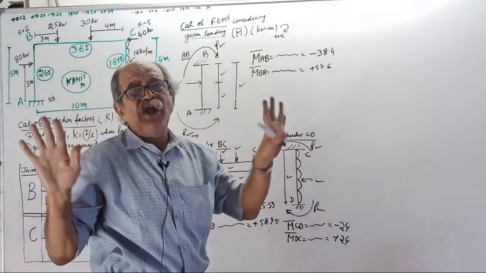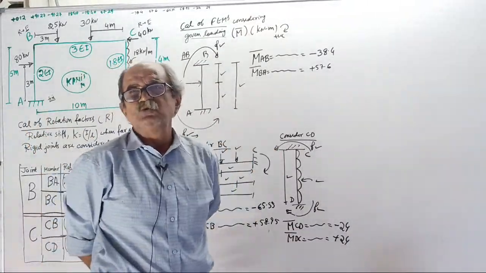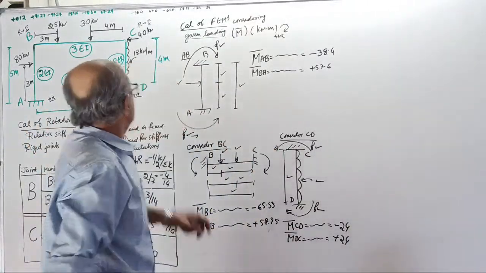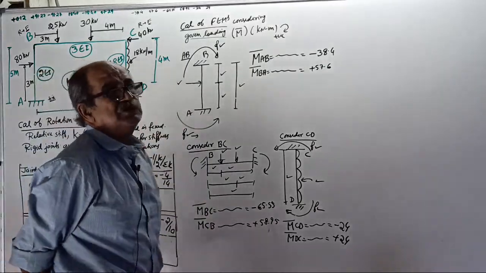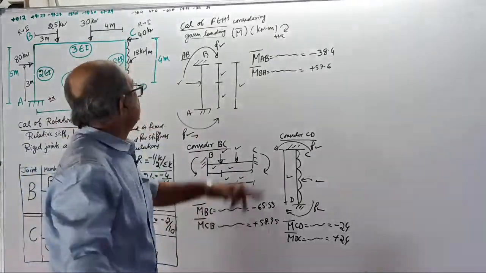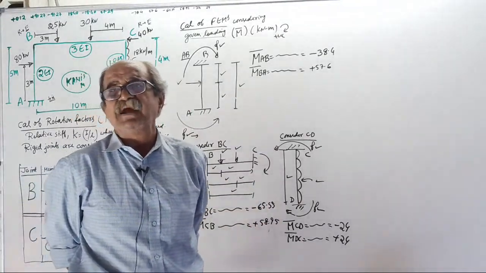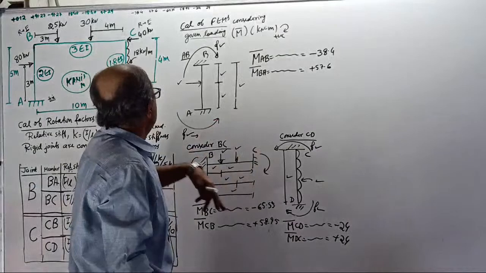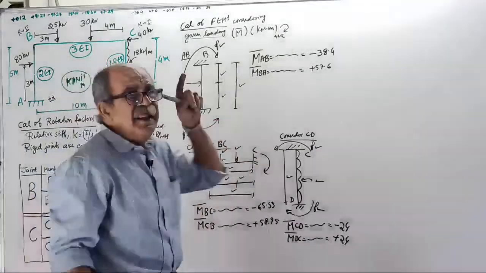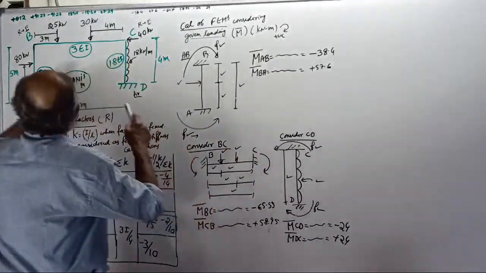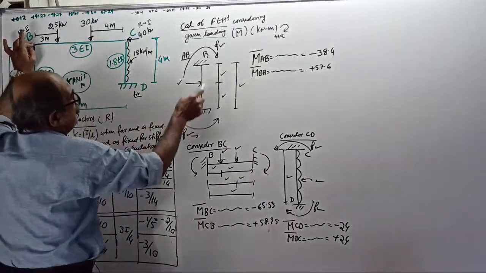This I cannot explain. Those who are studying seriously from me, this question we solved by slope deflection method. At that time, we found FEMs. Again, we solved by moment distribution method. There also we found FEM. And I told you at that time, Kani's also you require. So consider A, B, both are fixed.